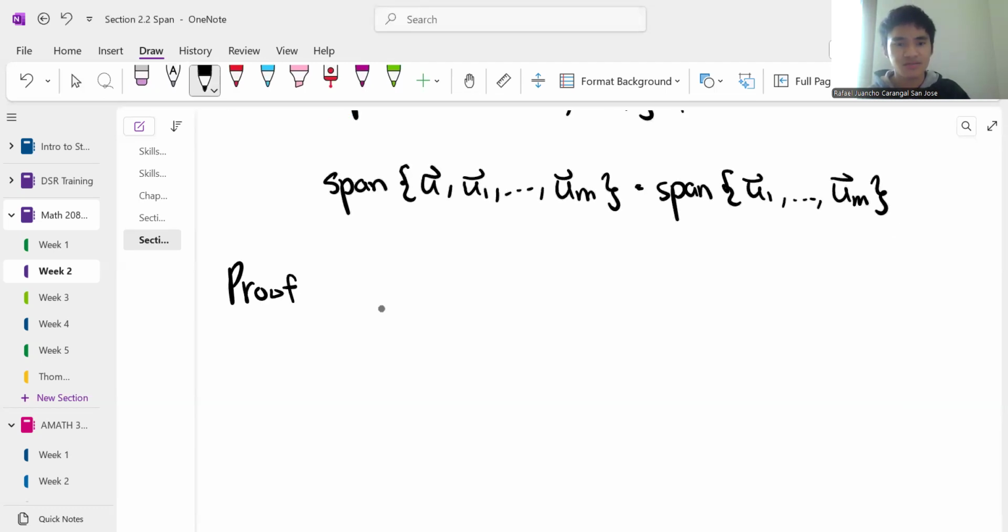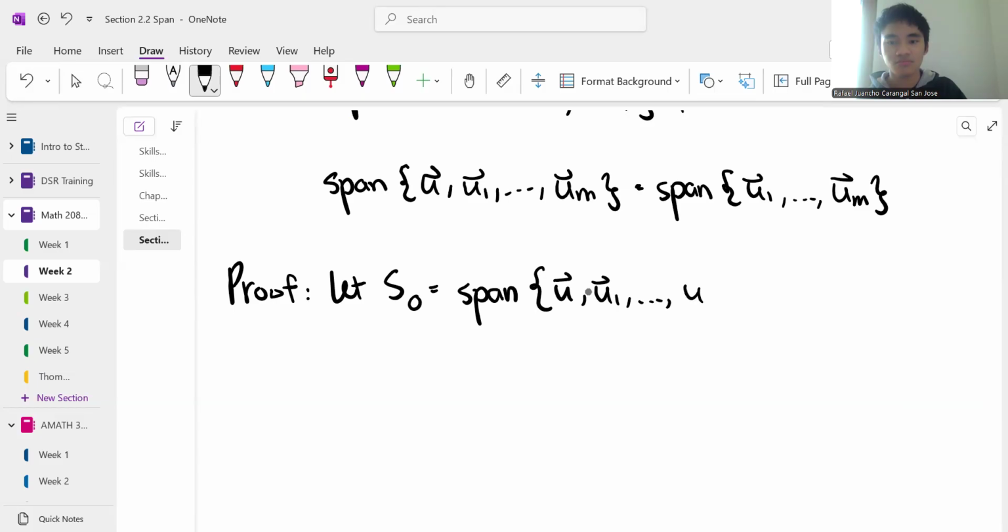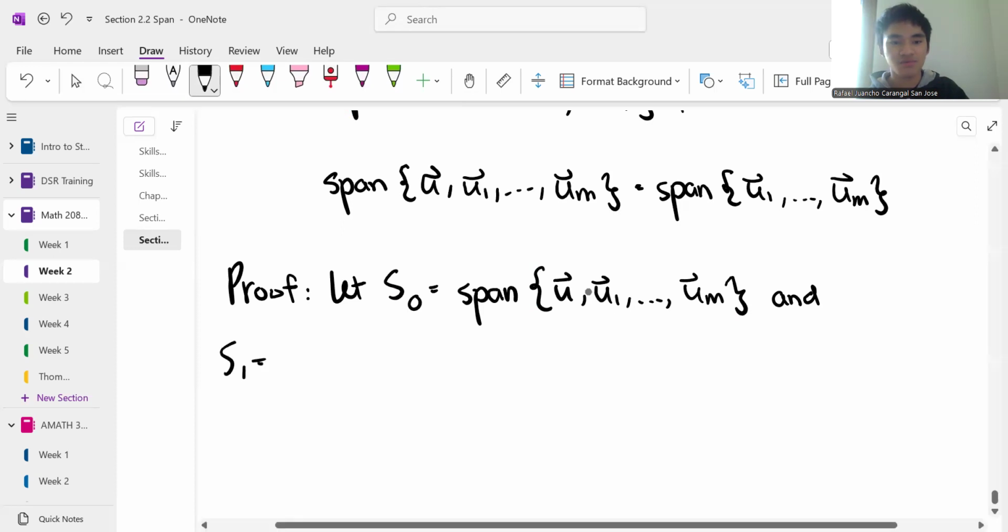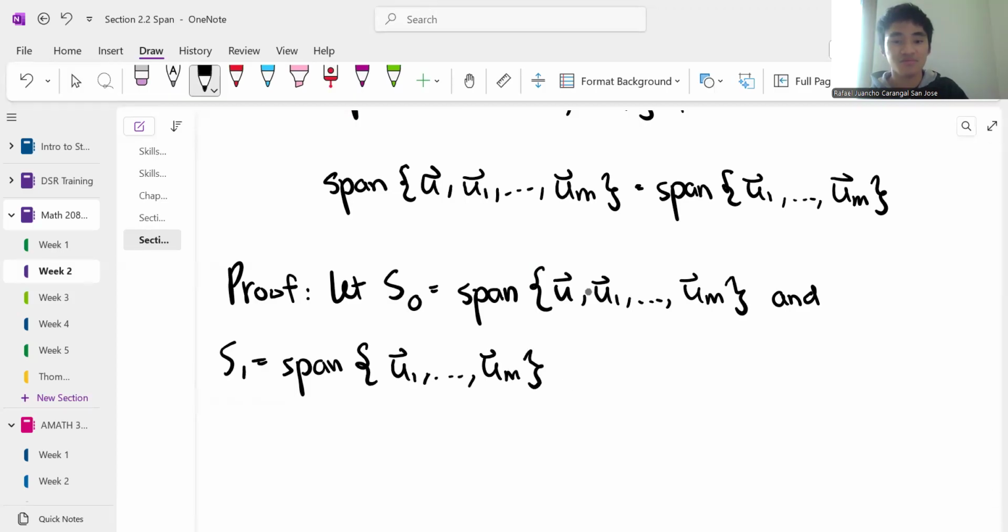So the proof is, yeah, what's the proof here? Let's store them in variables. Let's say S naught is the span of u, the one with u, and let's do S sub 1, the span of the vectors, the set of vectors without u.